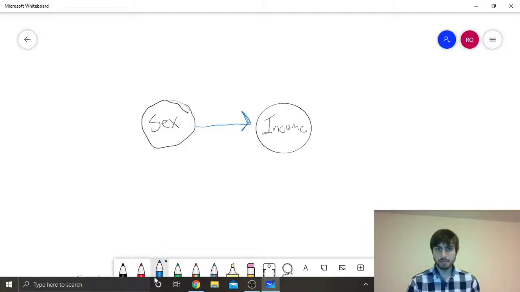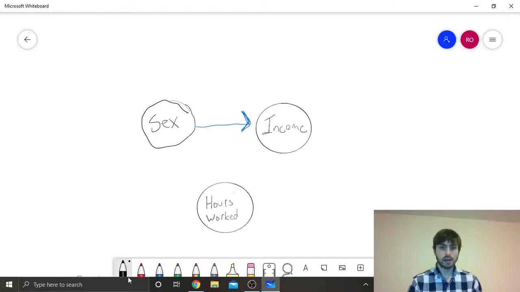Maybe employers are discriminating against women. And there's a third variable that people are interested in, that's your hours worked. How many hours do you work per week?